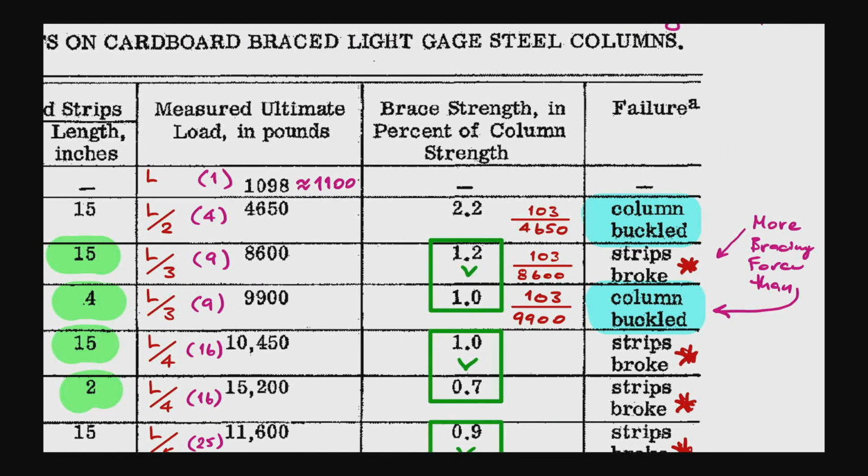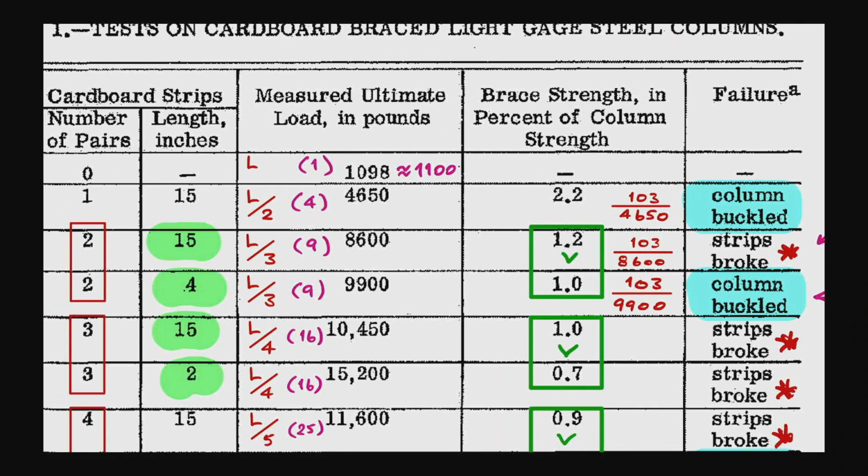And this just explains this idea, this information very, very well, because the strip broke for 2 cases, and that is consistent with the lower load than the expected value, which should be around 17,600. Okay, but we can see a very nice improvement from 10 to 15, which is 1.5 times the 10.